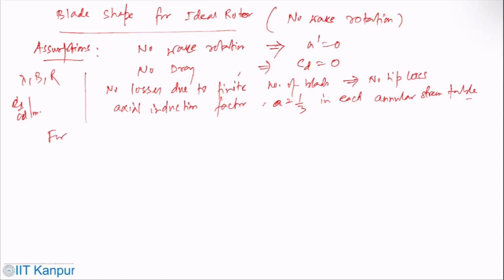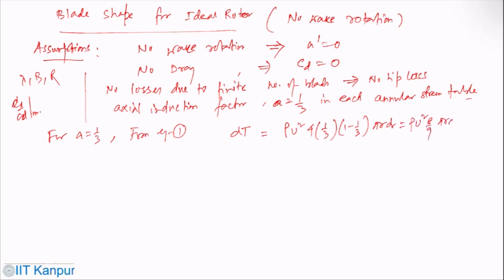For a equals 1/3, from equation 1 we get dT equals rho U square 4 times 1/3 times 1 minus 1/3 pi r dr. So that becomes rho U square 8 by 9 pi r dr.